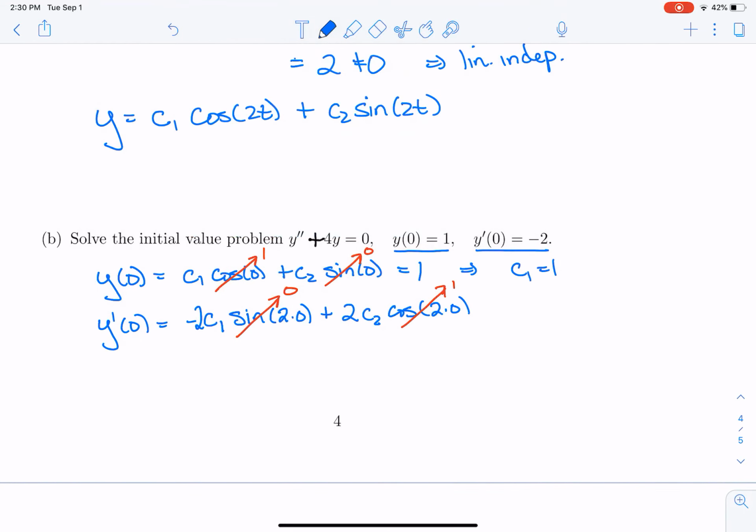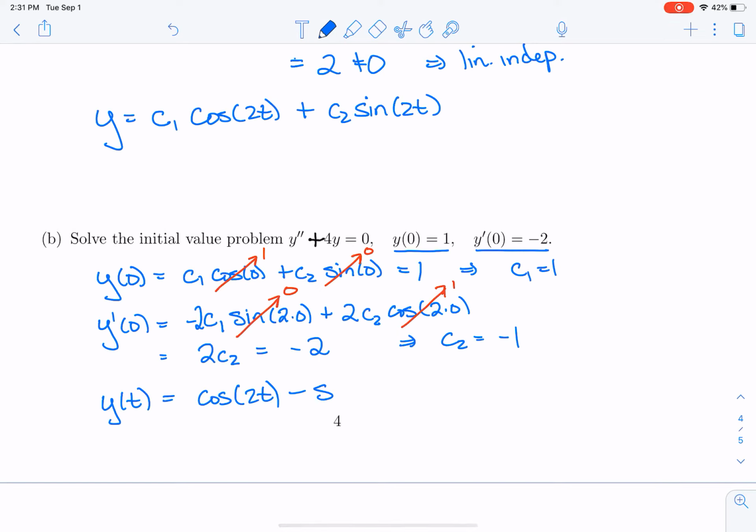So that actually tells me that y prime of 0 is equal to 2c2, and we're going to make that equal negative 2. So that tells me that c2 is equal to negative 1. Now, just so you notice, I did kind of cheat a little bit. I both found the derivative and plugged in 0 in one step, and I don't recommend that. You should probably find the derivative first and then separately plug in 0. But in this case, y of t is equal to cosine of 2t minus sine of 2t, and that is the solution to this initial value problem.